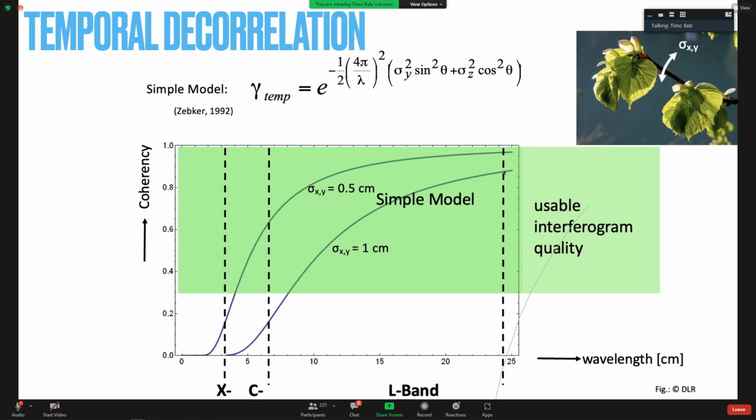So important to remember: if you have short wavelength data, X band, C band, the effect of temporal decorrelation will be very strong wherever there is vegetation, especially large vegetation, high trees, dense vegetation. And with longer wavelengths like L band or P band, that effect will be smaller.